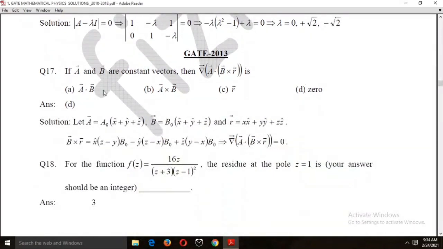Next, if a and b are constant vectors, then del dot (a cross (b cross r)) is? So we can assume a is this and b is this, x cap, y cap, z cap, we can take i, j, k also instead of them. r is this. b cross r will be this type, and then the del dot of that will be 0. So, easy question.